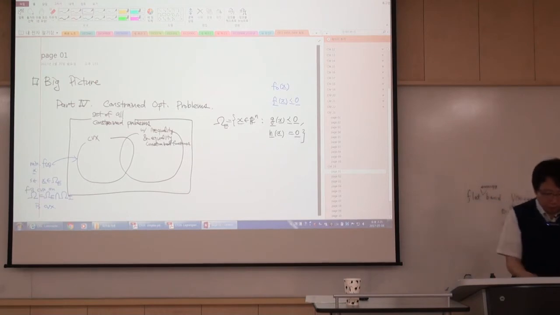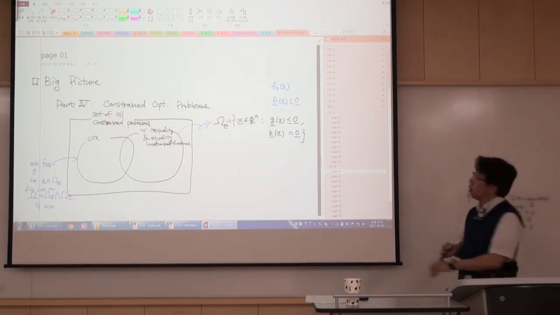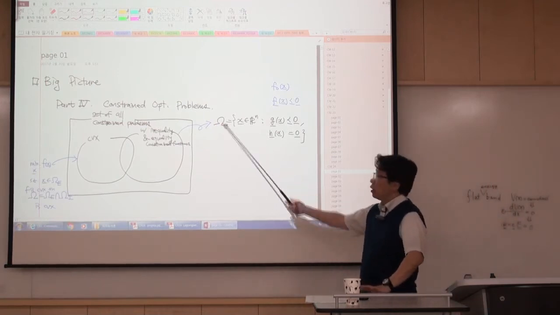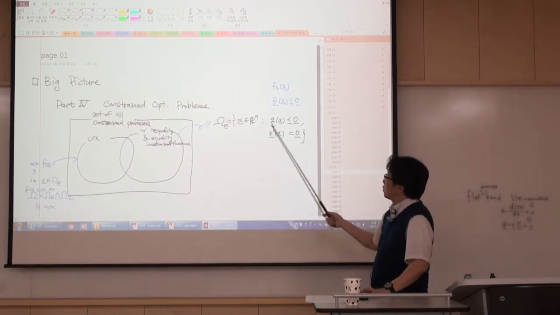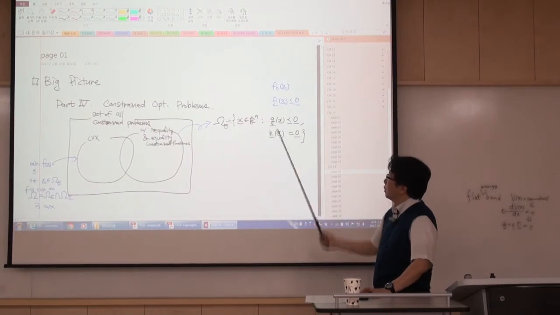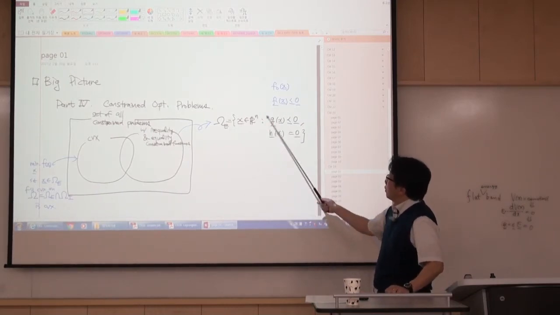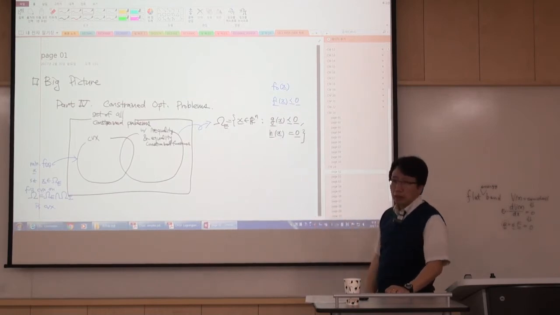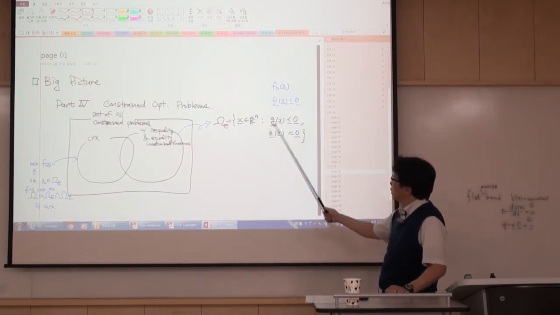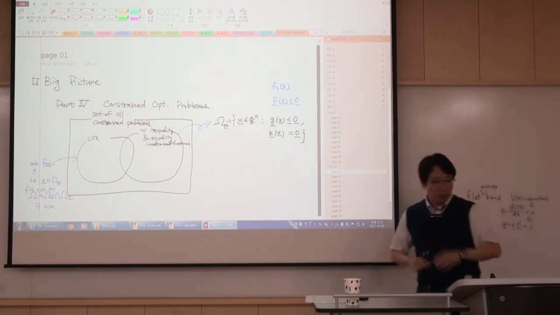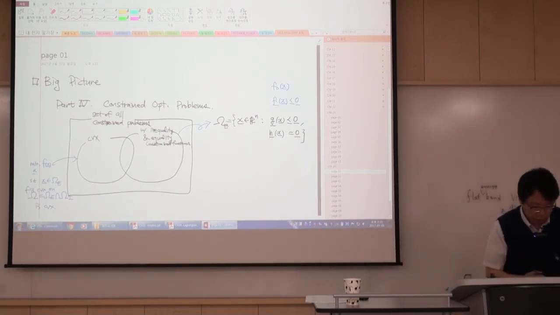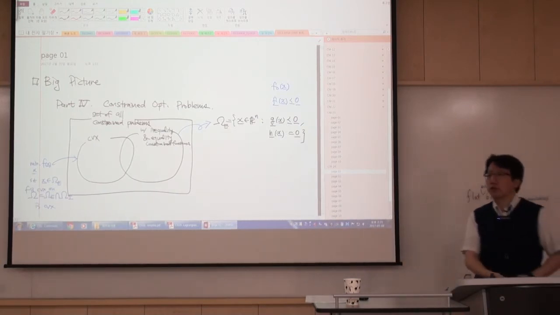But anyway, this set is related to the constraint set written as the subset defined by inequality constraint functions and equality constraint functions. Then we definitely have this intersected area.